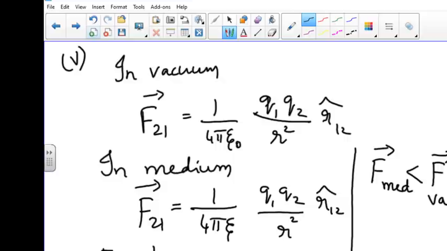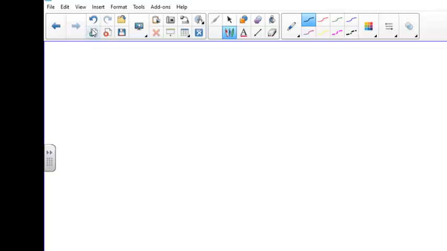Here we can write another important quantity, which is called relative permittivity, represented as epsilon r, and it is equal to epsilon by epsilon naught. That is the ratio between the two permittivities in medium and in vacuum.